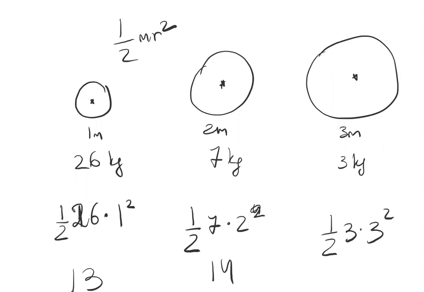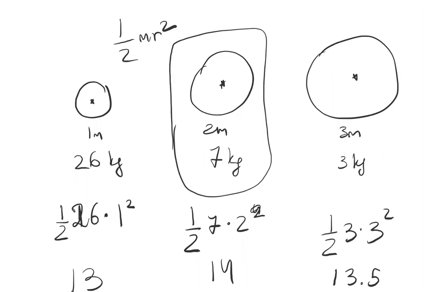And this is 27 divided by 2, that's 13.5. Yes, I think that's true. Okay, so it looks like disk number 2 is the one that's most difficult to rotate. It has the worst balance of the mass and how far away you are from the origin out of these three.